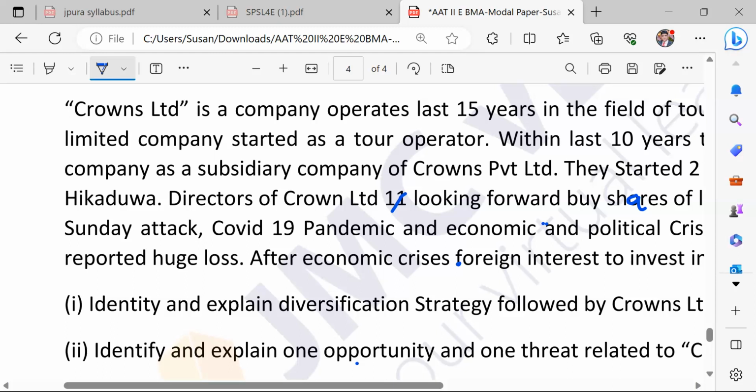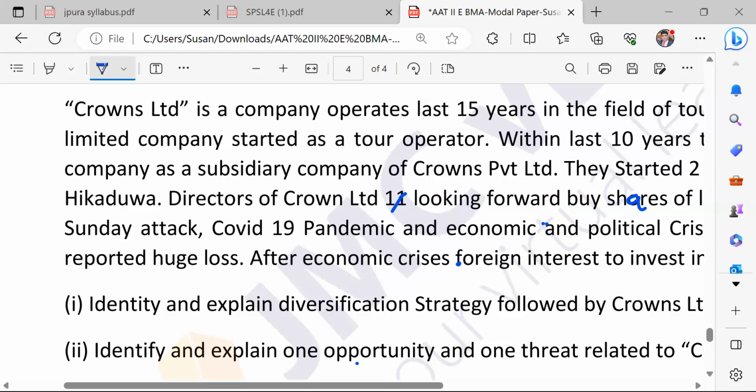After Easter Sunday, after the political crisis, with COVID-19, and within our period of economic and political crisis, due to lack of essentials, many tourists didn't come to Sri Lanka.